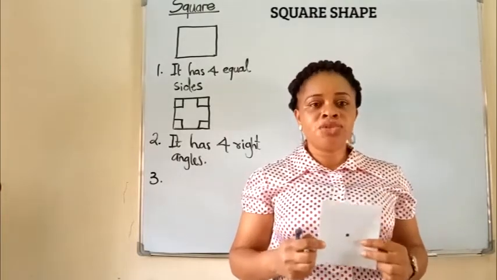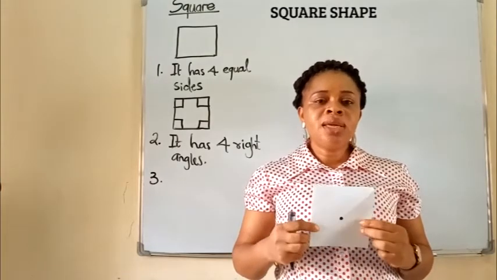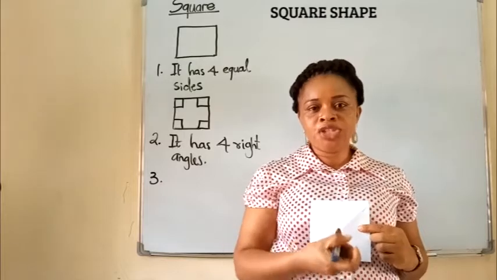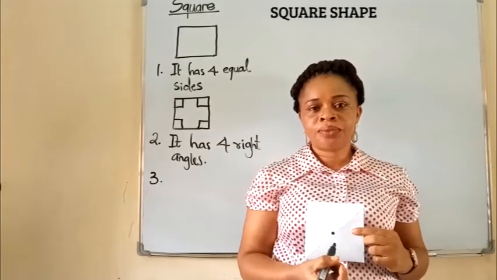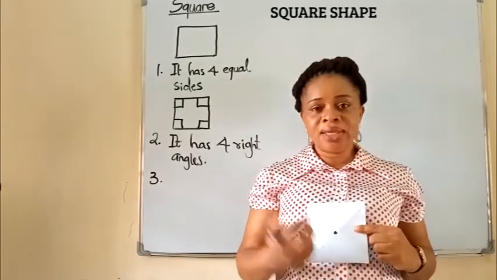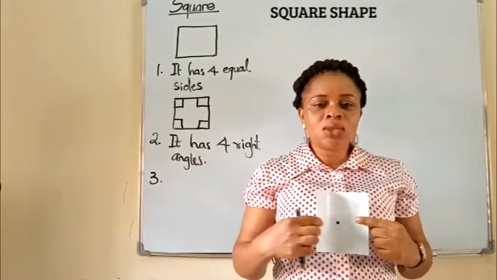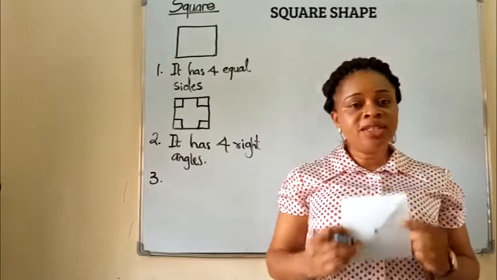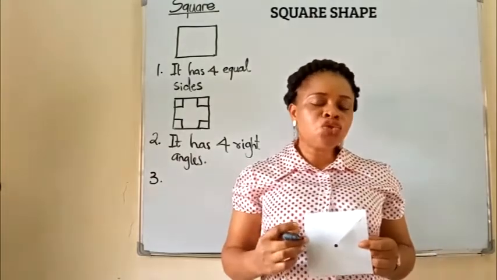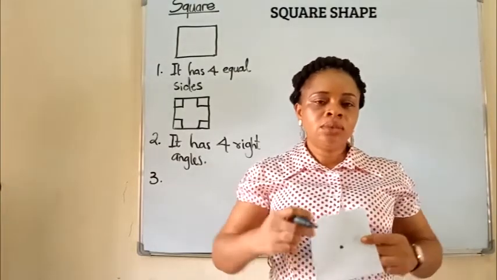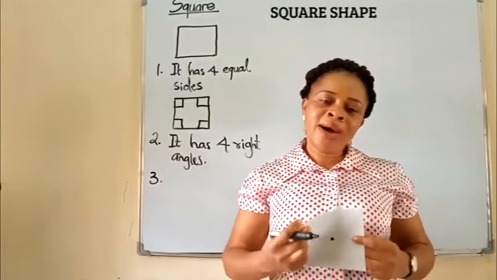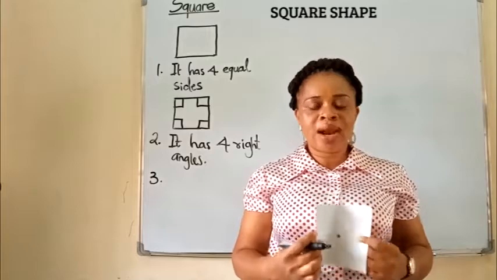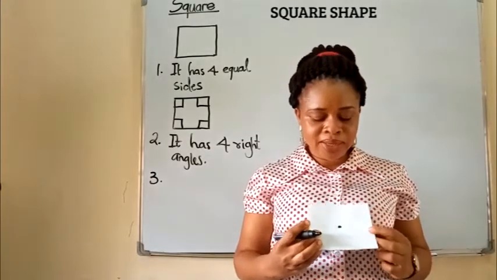A line of symmetry is a line that passes through the center of a shape or an object and divides it into identical halves. What do I mean by that?